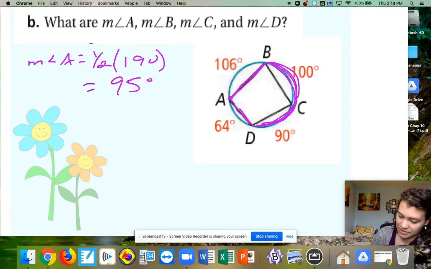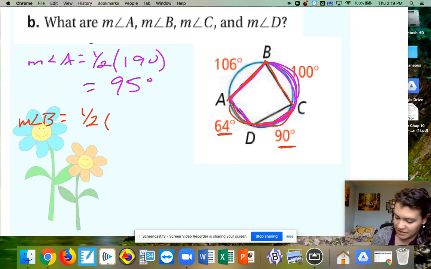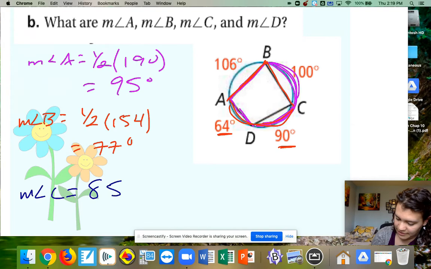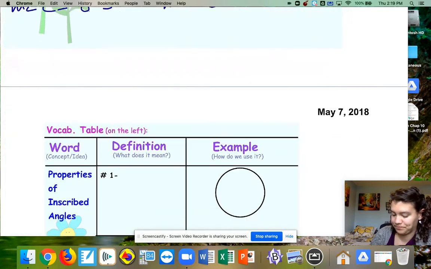Same idea for B. If we start here, draw your lines out, find your arc. The measure of angle B is going to be half of 64 plus 90, so half of 154, which is 77. Then keep doing that. You should get that the measure of angle C is 85 and the measure of angle D is 103.